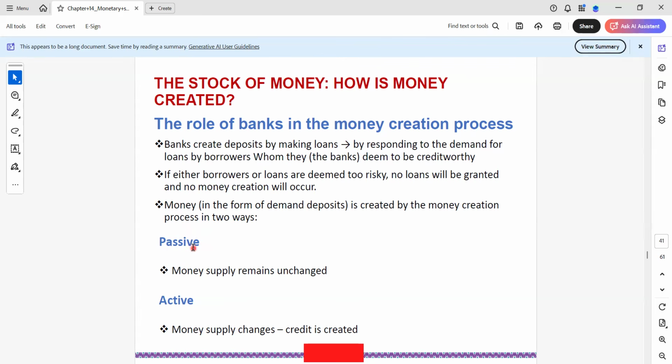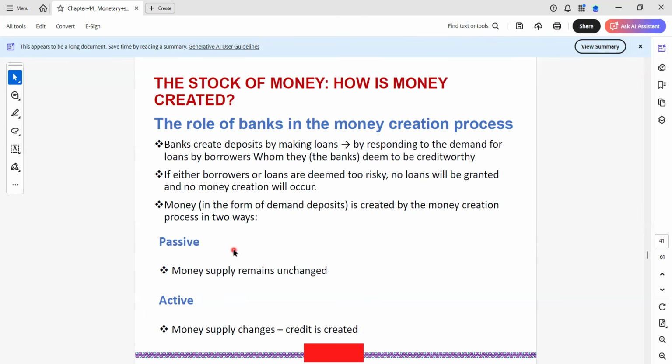With the transaction motive, we said you're holding money so that you can use it whenever you want to, for the purchase of goods and services. And it relates to the function of money as a medium of exchange, right? And for the precautionary motive, it's where you just have money.